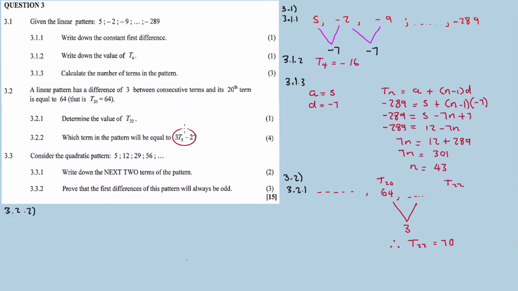So this question is exactly the same as the previous question, but here we need to find the value of this, and then after finding the value, we get the n value. We want to know the term number that is equal to this value.